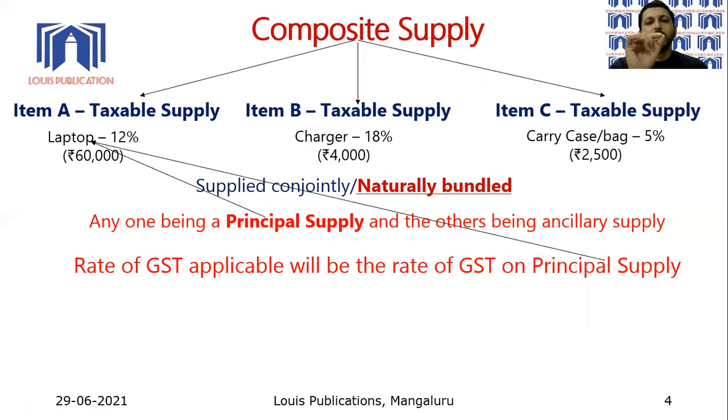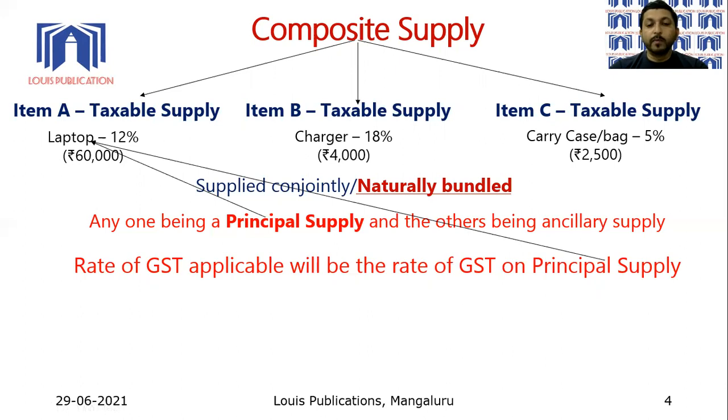It will not be written that laptop is 60,000, charger is 4,000, and carry case is 2,500. No. It will only be laptop 66,500 rupees and GST, whether SGST, CGST, or IGST, depending upon whether it's an intrastate or interstate transaction. So your laptop becomes the major supply. If not for the laptop, the charger as well as the carry case would not have been required.